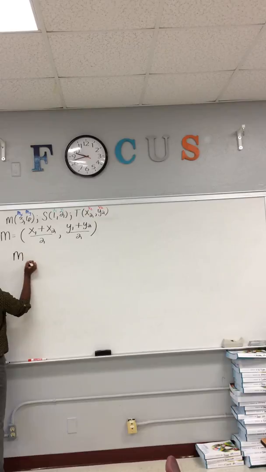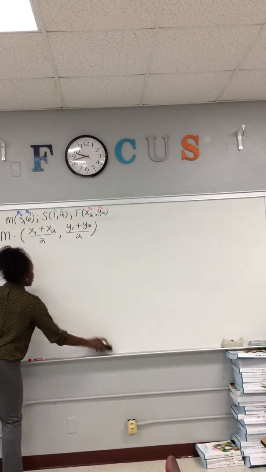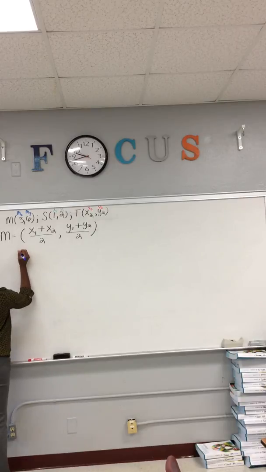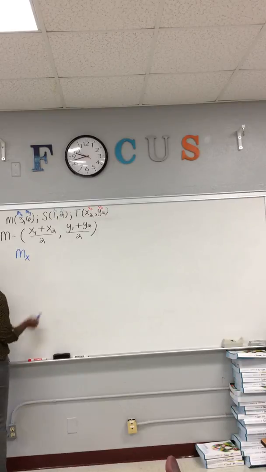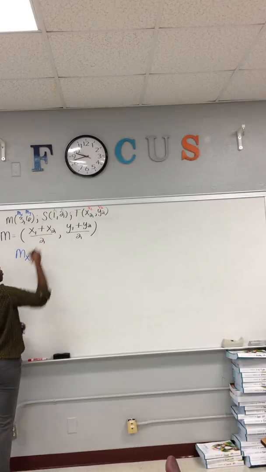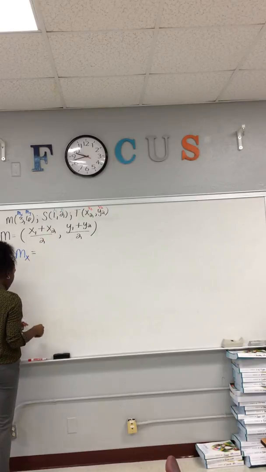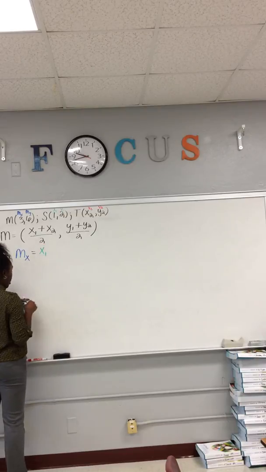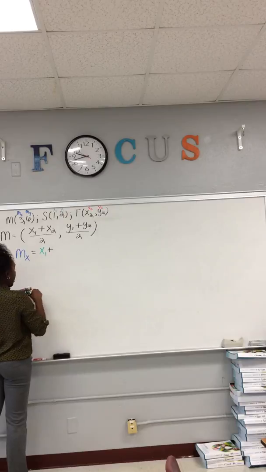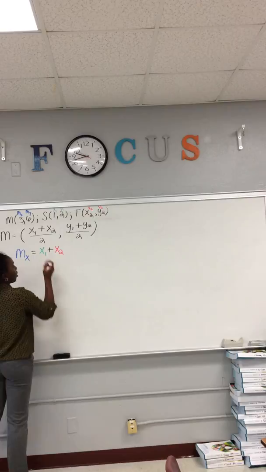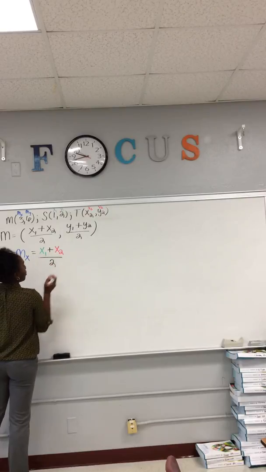So we have M, let's use the right color. For the x value of the midpoint, we're going to set that equal to x1 plus x2, divided by 2.